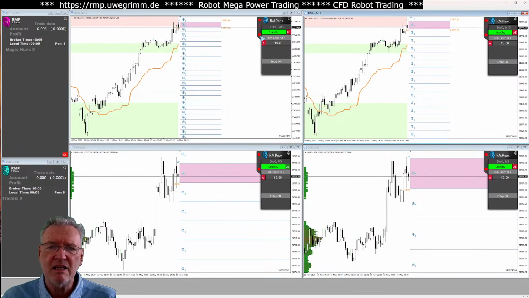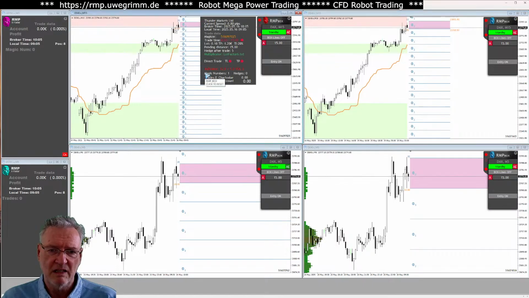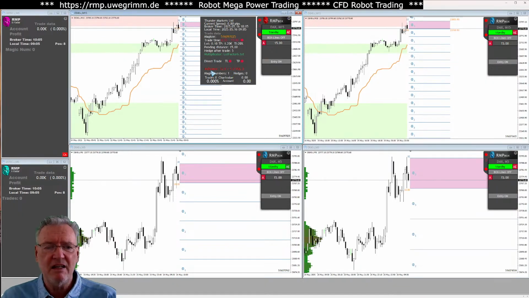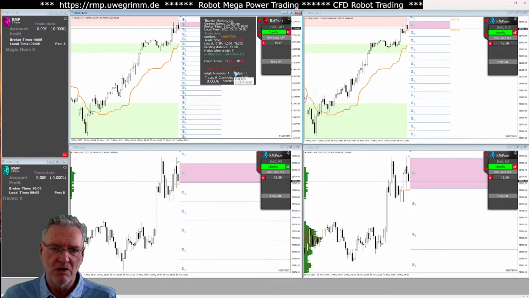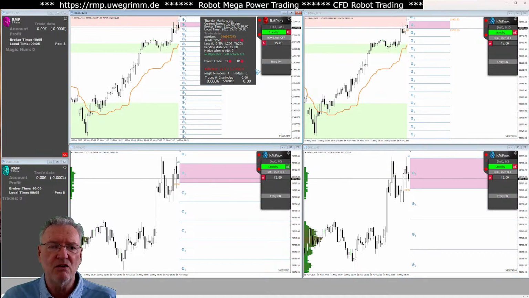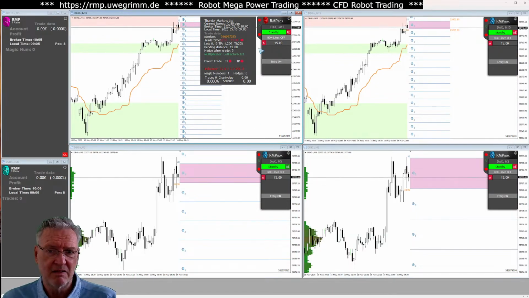And when this is green, we also have the numbers indicator, the traffic light indicator. We see we need 12.9 and we have only 1.0. So the robot decides not to trade, and since there was no active trade, it just closed the pending positions.